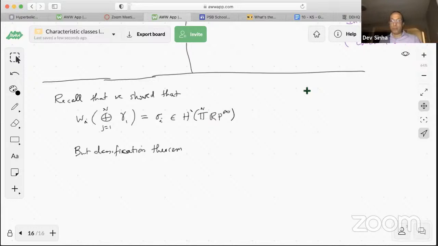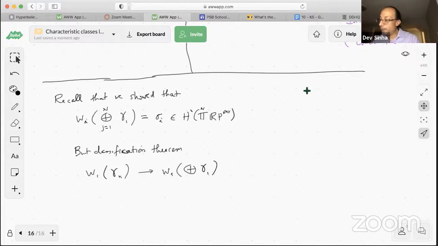You multiply out (1 plus x1) times (1 plus x2) times (1 plus x3), and you see these symmetric polynomials. So by the classification theorem, w of this gamma n is going to map to w of a product of these gamma 1s.